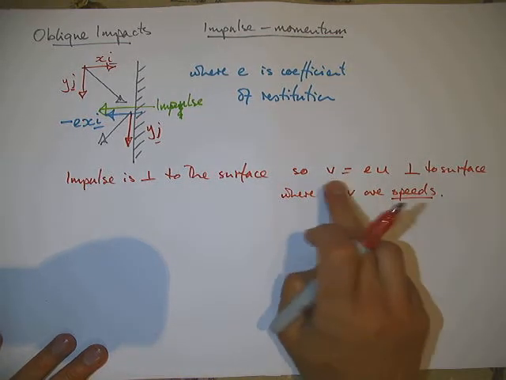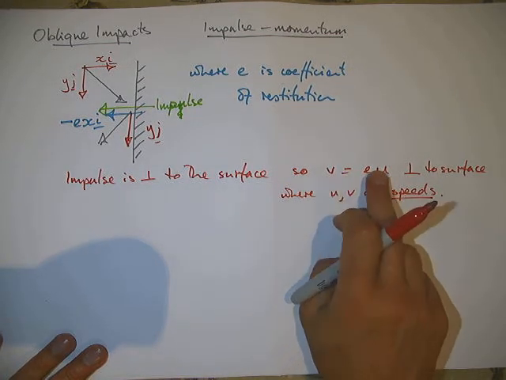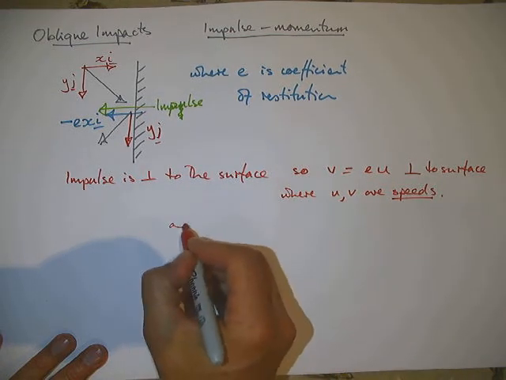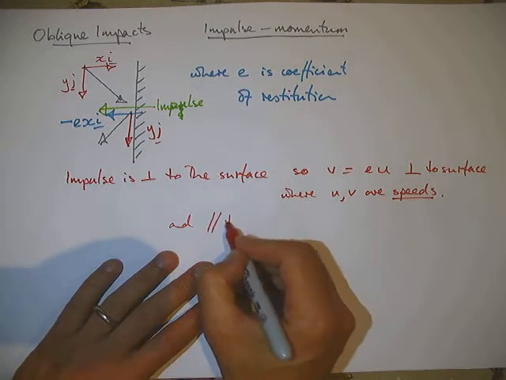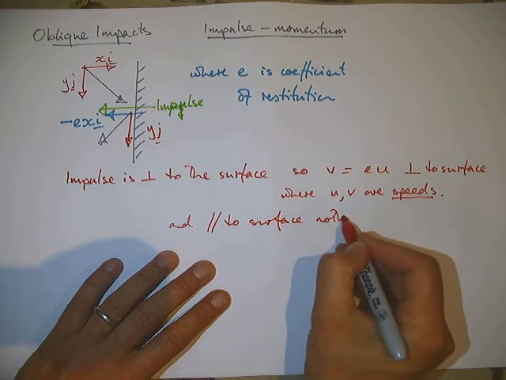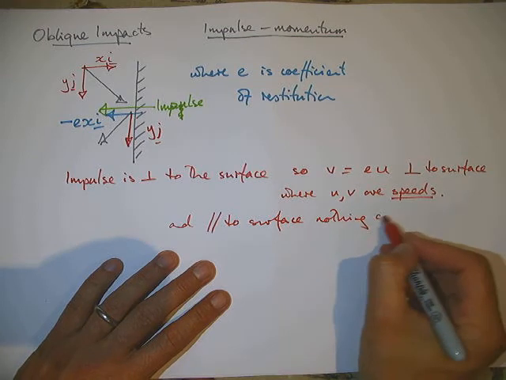If we're talking about velocities, we're going to change the sign of this one. And parallel to surface, nothing changes.